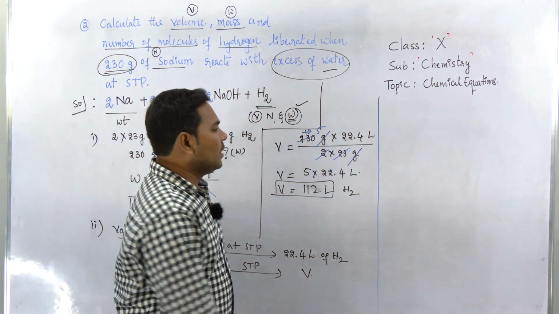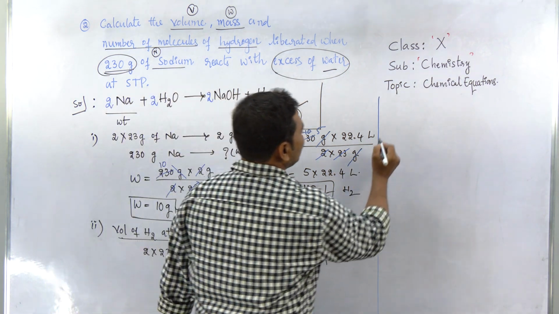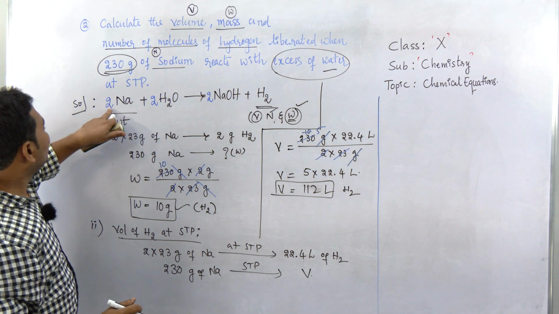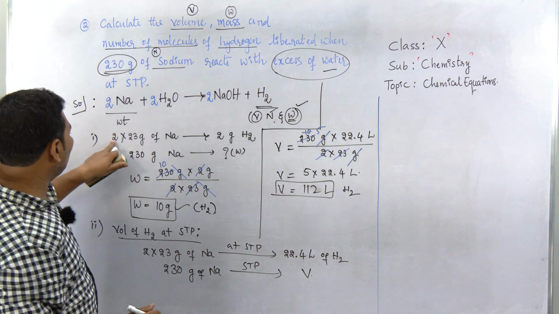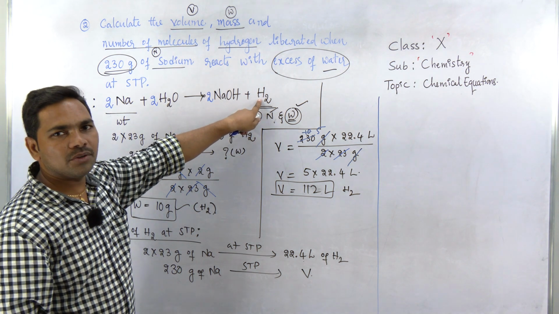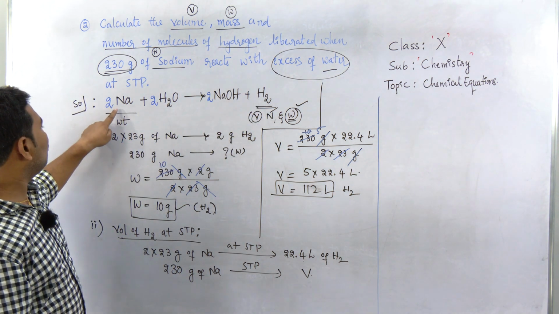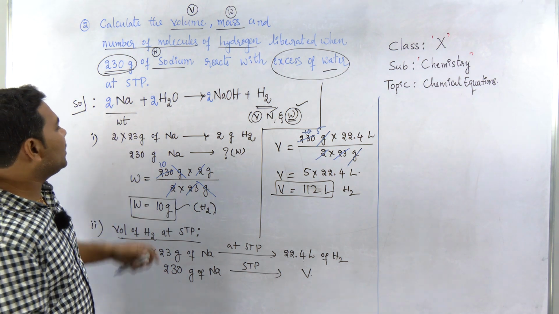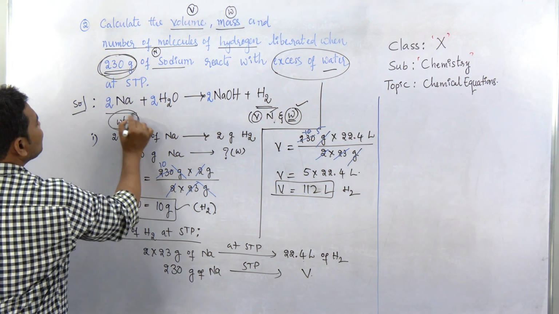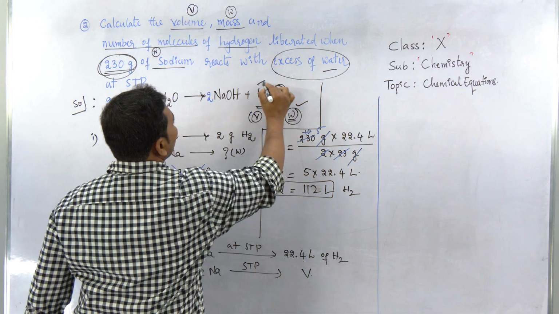We get it. Now we'll calculate the remaining one: the number of molecules. From this balanced equation, 2 moles of Na, that is 2 into 23 grams of sodium, produce 1 mole of hydrogen. We are only given the weight of sodium, so we need to use this weight of sodium to find the number of molecules of hydrogen.